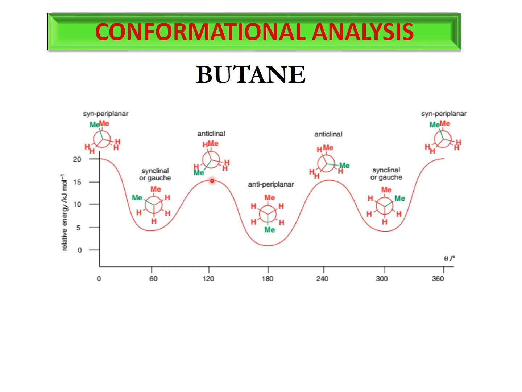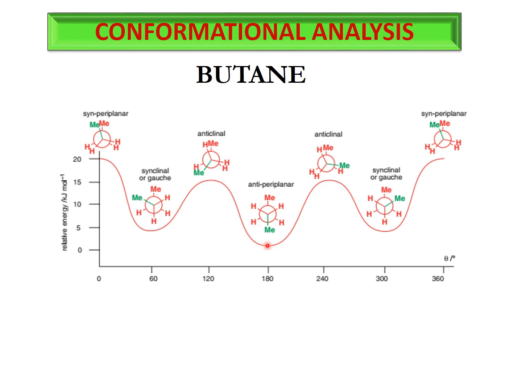So it's an energy hill, but not as steep or as high as the syn periplanar conformation. And then you rotate it again through 60 degrees, the energy goes down, because now we have a staggered conformation or an anti-staggered conformation, or the anti-periplanar conformation, in which the two methyl groups are at maximum distance from each other, that is 180 degrees, and this is the lowest energy possible for all the conformations of butane.